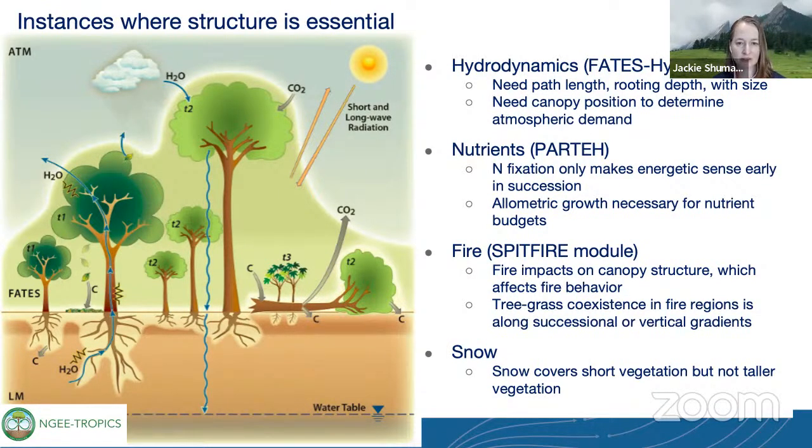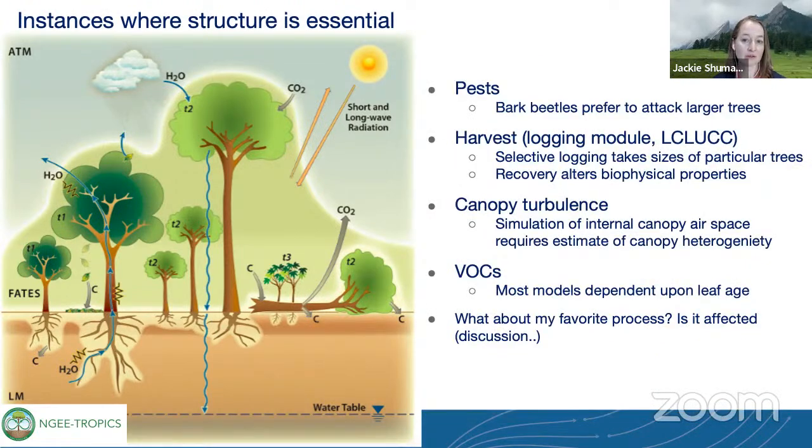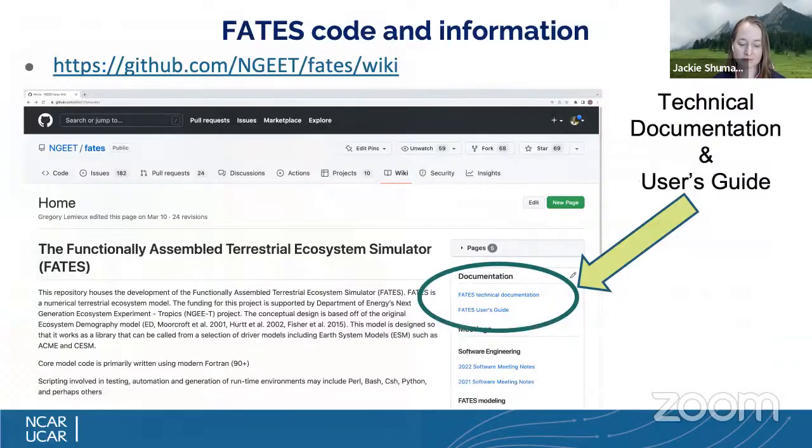You get variability in snow occlusion. Pests differentially attack different sizes of trees, different types of trees. Harvest, we all know that you don't go and harvest everything. You want to choose the trees or the sizes of trees you want. I talked about canopy turbulence. There are many processes where structure is an important component. And so we feel that FATES gives us more information than what we have with the big leaf model.